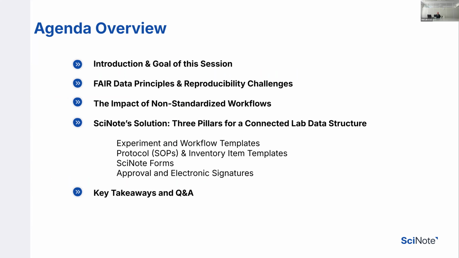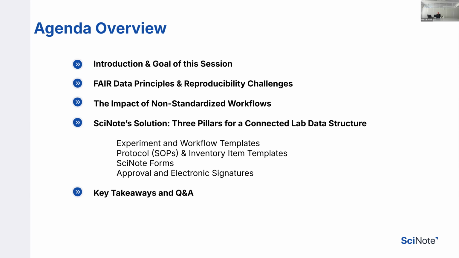Then we're going to briefly talk about FAIR data, which I think is an important part of standardization. We'll go through some of the challenges we found and some of the research we did, then talk about the SignNote solution: where we help with templates and what you can use in SignNote to get better standardization and improve your documentation. Then we'll finish with a quick summary and a Q&A session as usual.